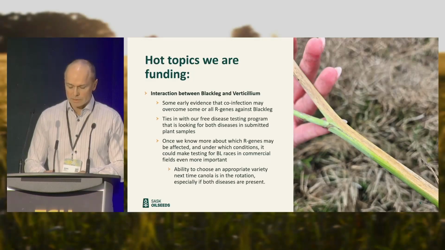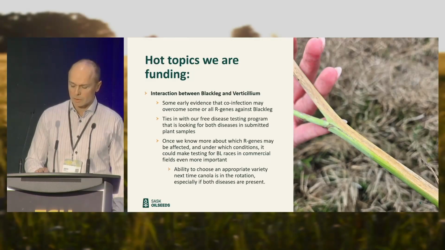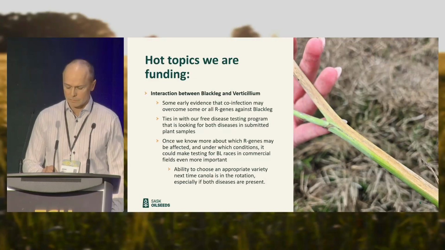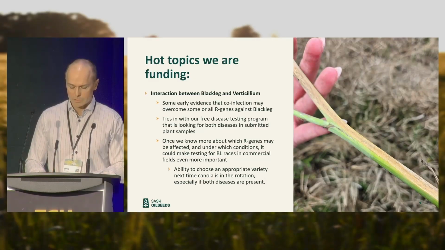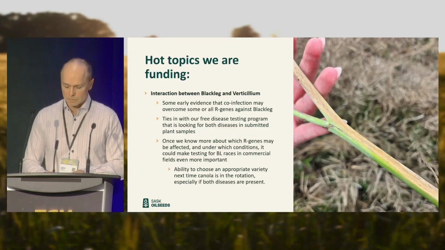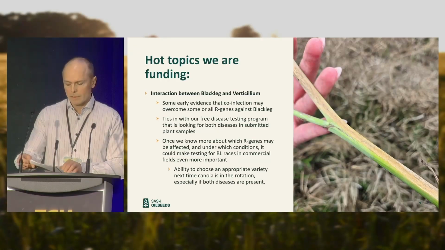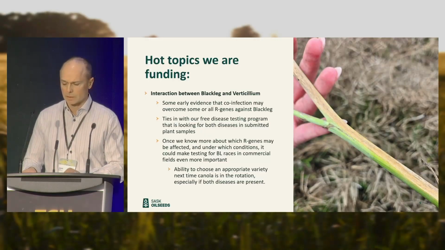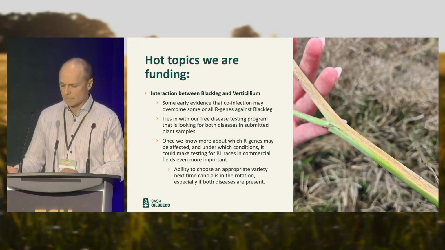And so more work is needed to determine whether some or all of the R genes for blackleg are being broken down by the co-infection of verticillium, or whether certain environmental conditions are making blackleg worse under co-infection. So that could make it more important to test for which blackleg races are in farmers' fields.